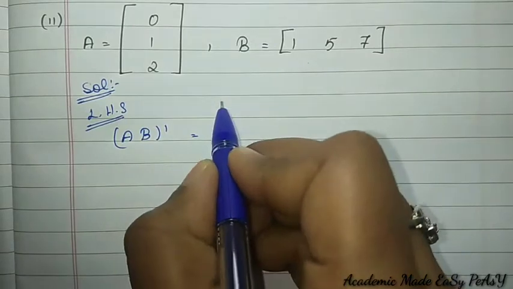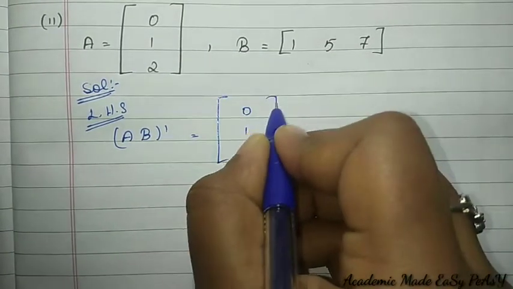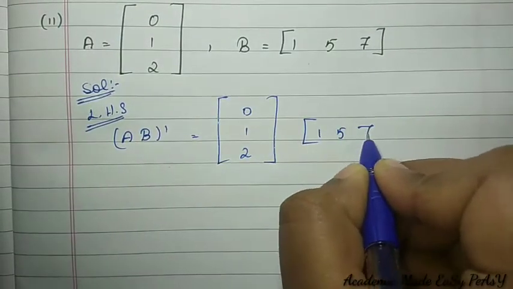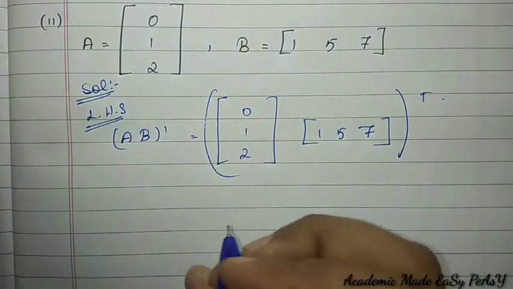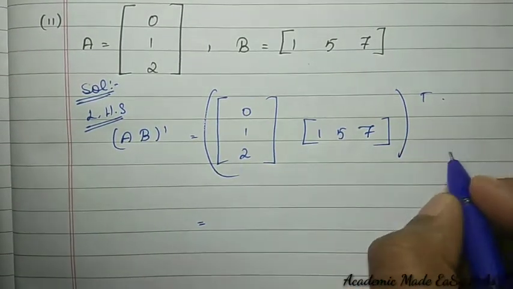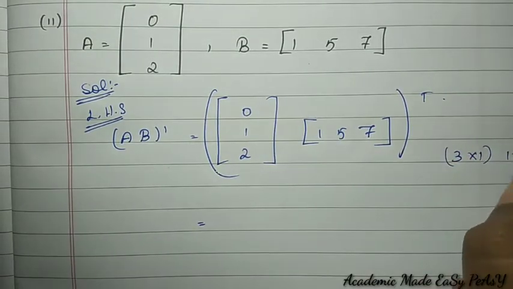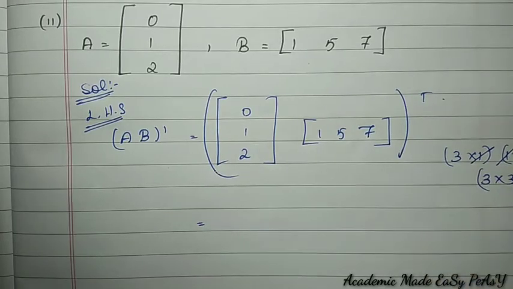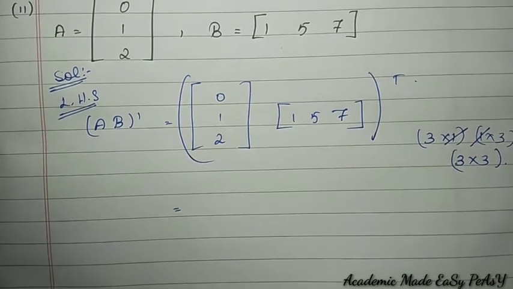So first what is my A? 0, 1, 2, and my B is 1, 5, 7, the whole transpose. So now this is of the order 3 by 1 and this is of the order 1 by 3. So 1 and 1 will get cancelled. So 3 by 3. So the final matrix will be of the order 3 by 3.